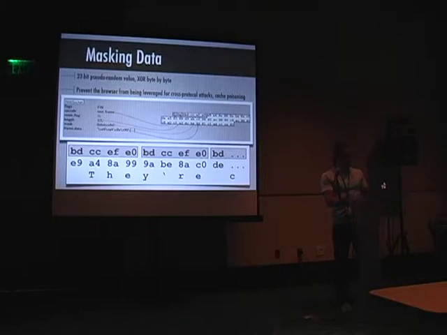Let's talk about masking. Masking is basically XORing the whole data frame with a key that is also sent with the data frame. No security reasons here. The only reason for masking was historical.